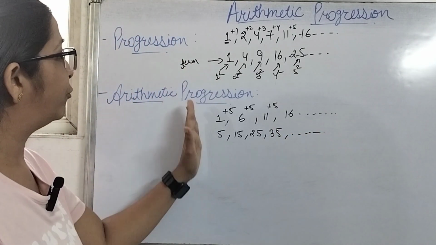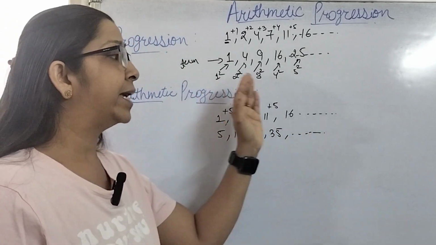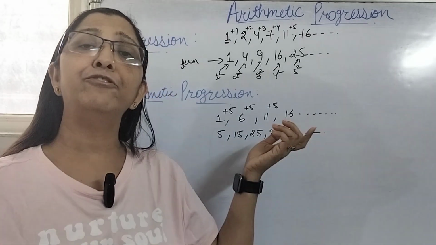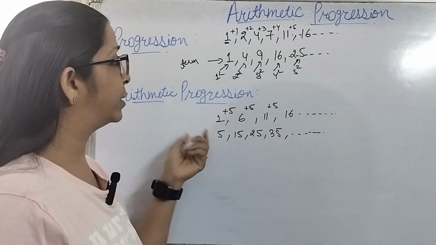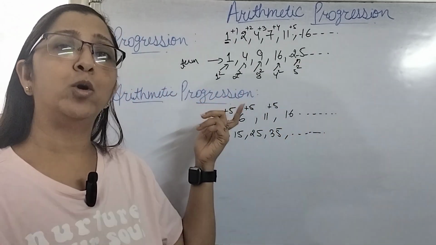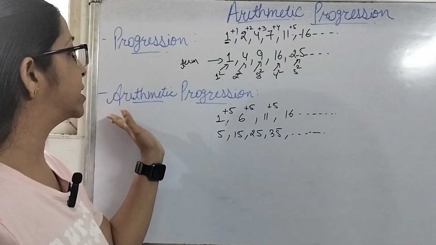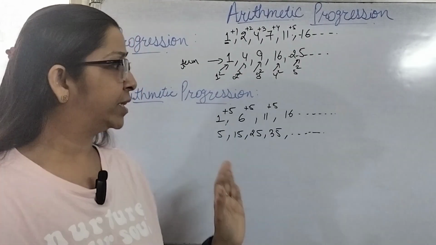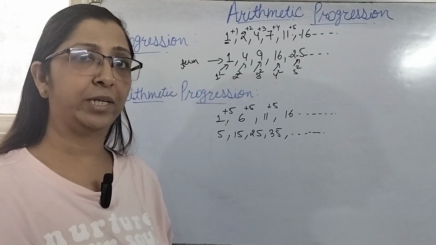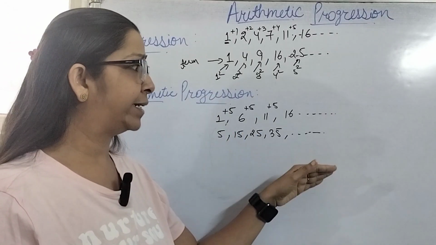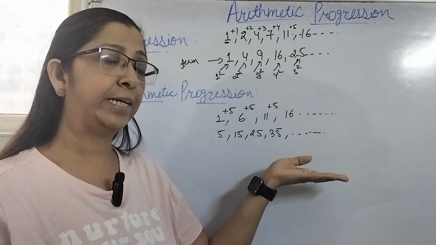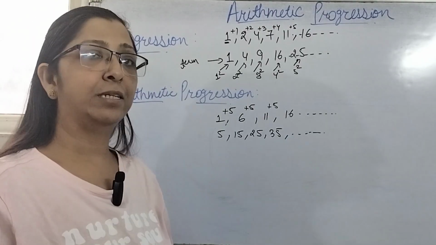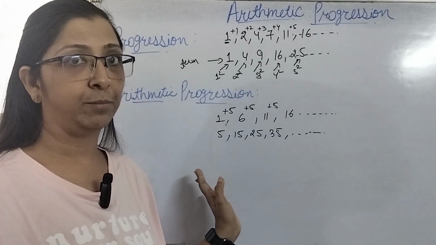So these types of progressions where the next term we get by adding a fixed number to the previous number, such types of progressions or sequences are known as arithmetic progression. These are special types of progressions only, where whatsoever the next number, the succeeding number, we get by adding a fixed number to the preceding term.